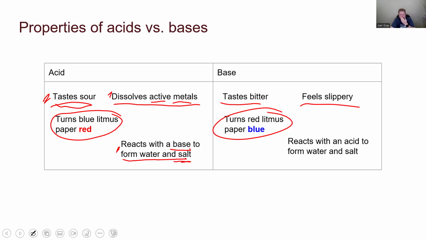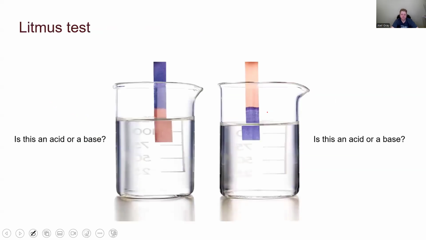Blue litmus paper is going to give you a way of detecting an acid. Red litmus paper will give you a way of detecting a base. Now, there is another type of litmus paper that is neutral litmus paper, but red litmus paper detects bases and blue litmus paper detects acids.